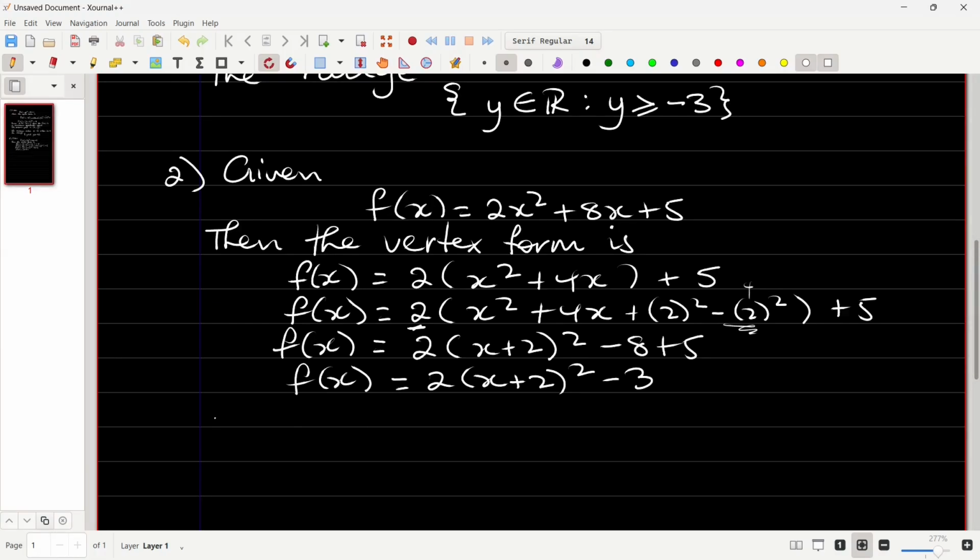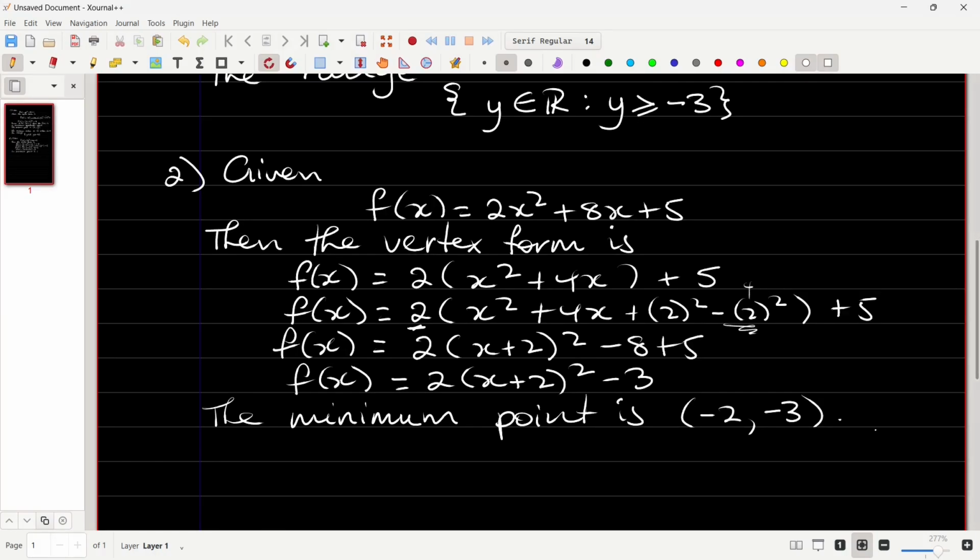And then we know that the minimum point is, and negative h, so it's negative 2, k, which is negative 3.